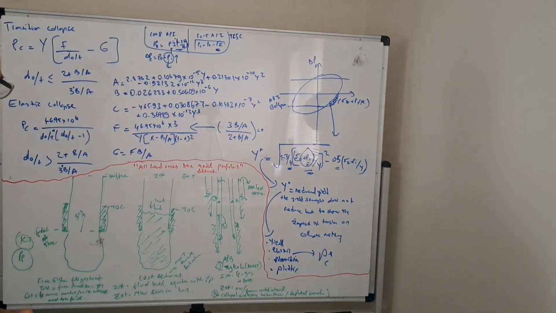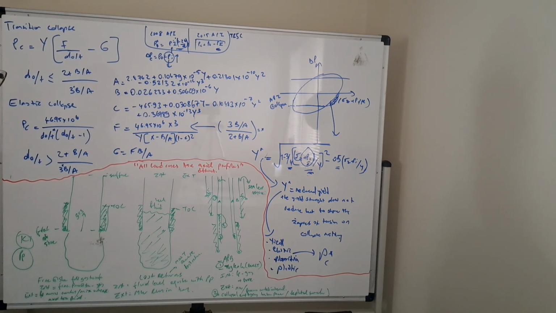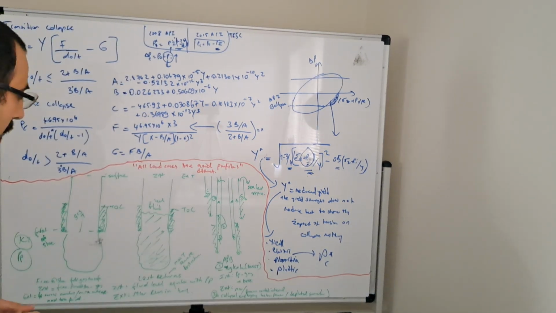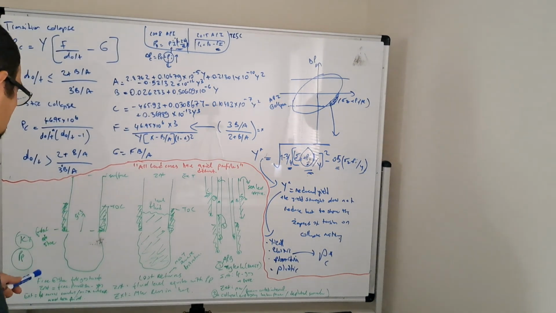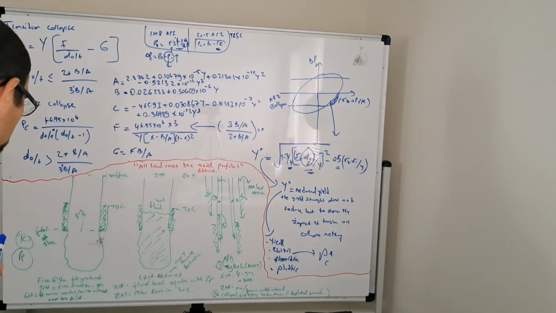And here I felt that in the burst, when we were covering the burst in part number 1, and now we covered part number 2 in collapse, we didn't talk a lot about the load cases. What I want to point out here is, for example, I put simple schematics here.